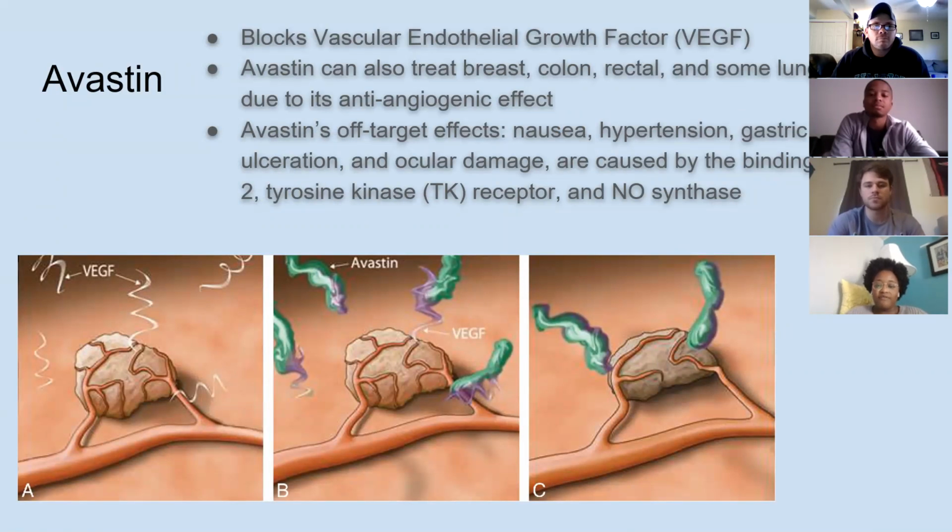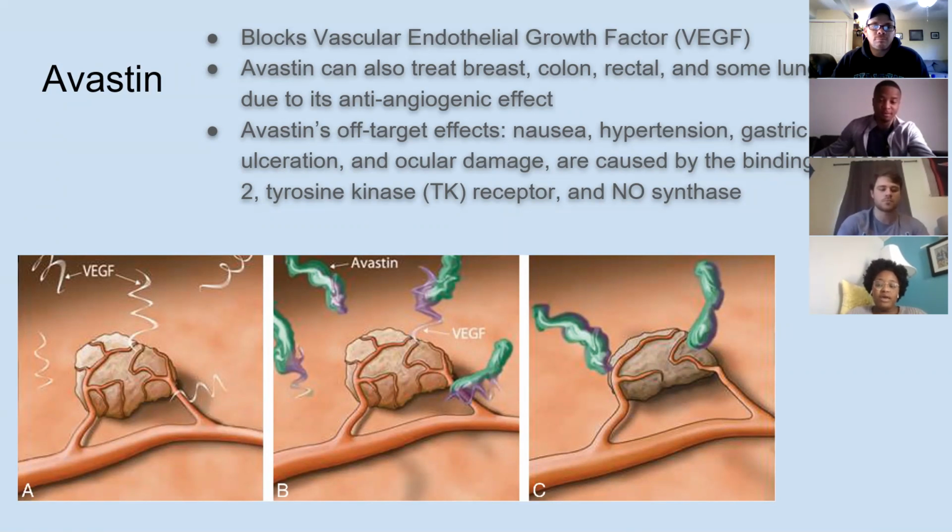And then, as I've already discussed, it is an anti-angiogenic drug, and so it blocks VEGF, vascular endothelial growth factor, which is a protein that helps new blood vessels supply blood to the tumor, increase the size of the tumor, and help it spread within the brain.